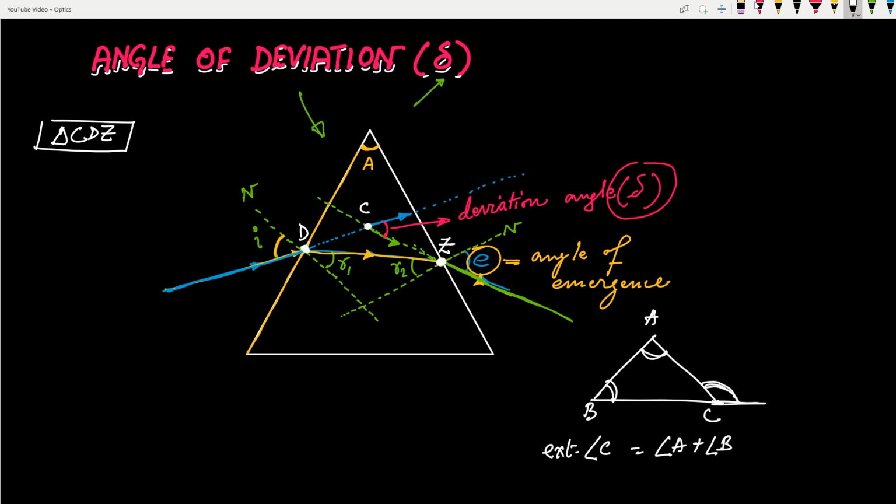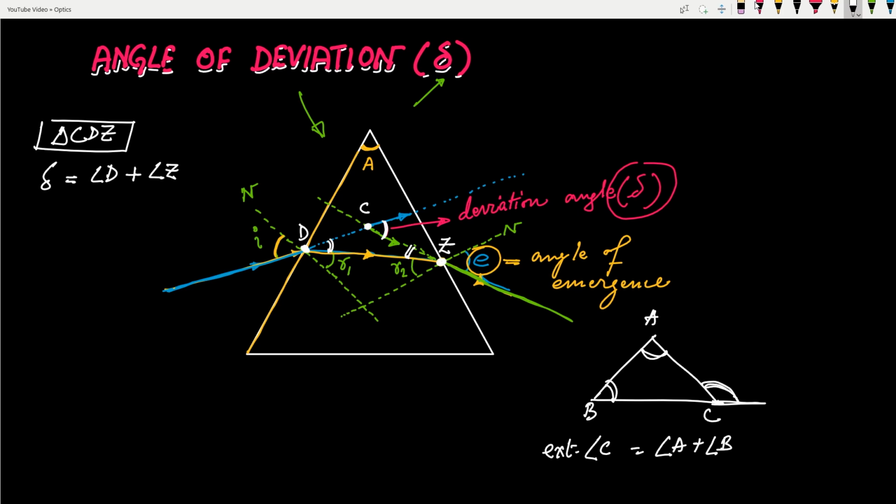You can see that the deviation angle is actually the exterior angle C. Therefore, the exterior angle is equal to the sum of the interior angles. So the angle of deviation is angle D plus angle Z in the triangle CDZ.